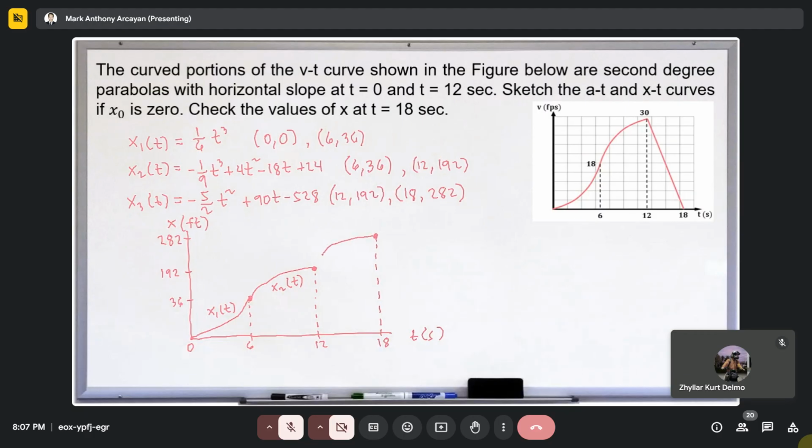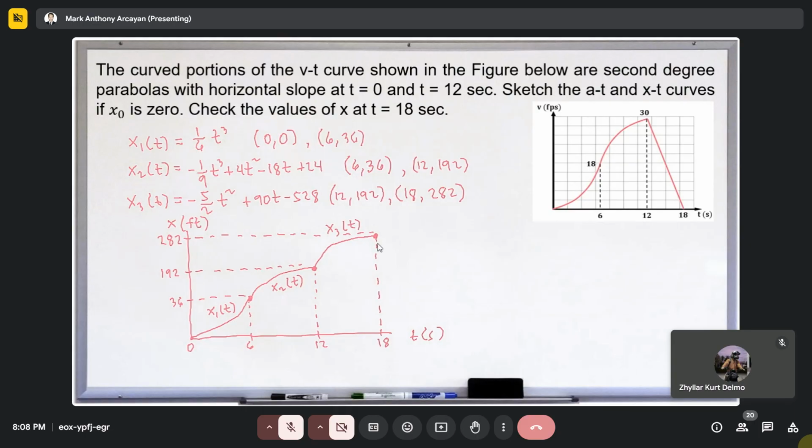It will look like this, class. This would be our x₃(t). That's it. This is how you generate the displacement versus time curve given the velocity versus time curve.